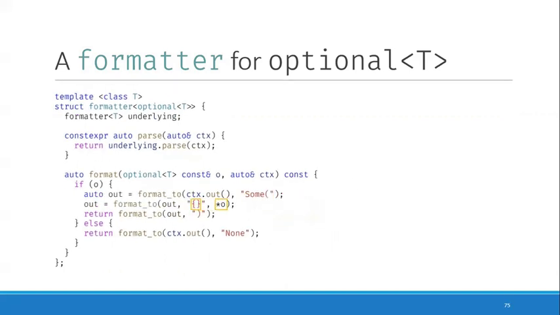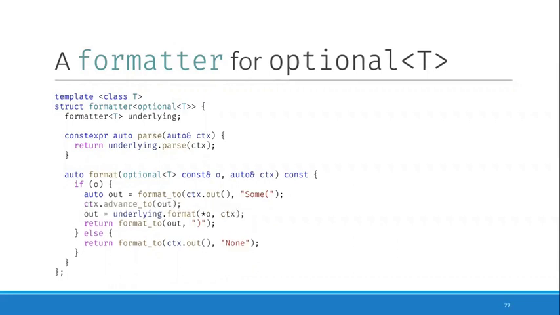So step 1 is I'm going to split this into 3 pieces. I'm going to do the string part of Some, then format the value, and then the close brace. Our only way to format using the formatter is the member format call. So this needs to look like this somehow. What's the context that I pass in? Well, I have my context here. But the thing I have to remember to do is this two-step of context.advance_to out, and then call format.